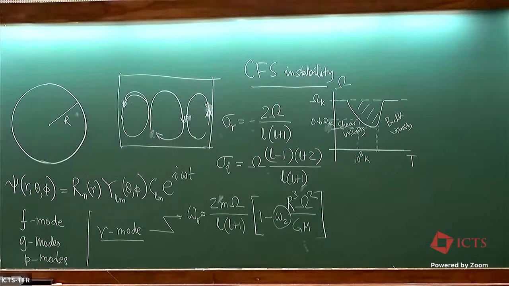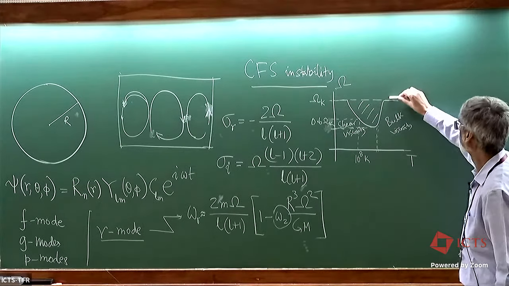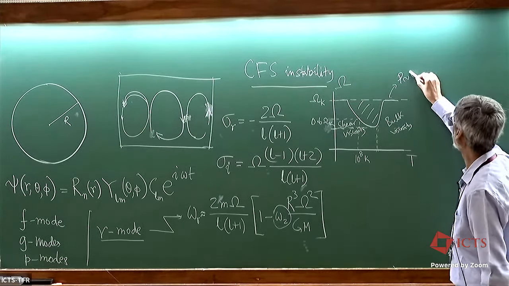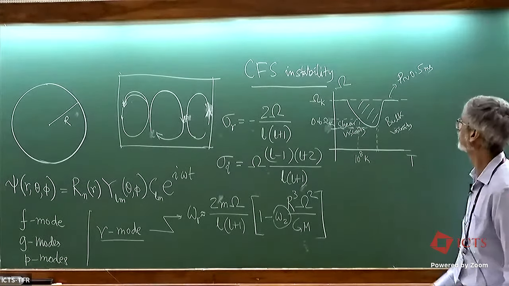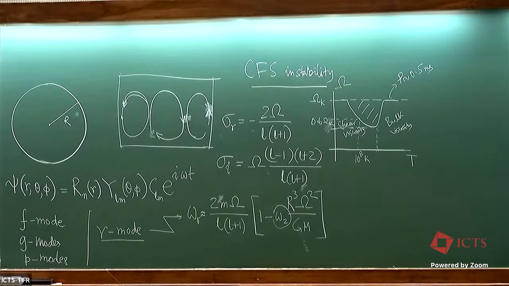So that means if the neutron star is spinning very fast, typically omega_K here will correspond to a period of the order of half a millisecond. So this is something like a millisecond to 1.5 milliseconds. So in that range, for a comfortable interior temperature of 10 to the power 8 Kelvin, you will have r-mode oscillations.